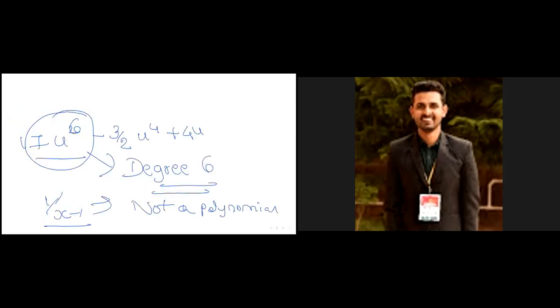Also, if I consider one more graph, that is y is equal to x cube minus x square, on plotting, you will get a kind of graph which is in this way.